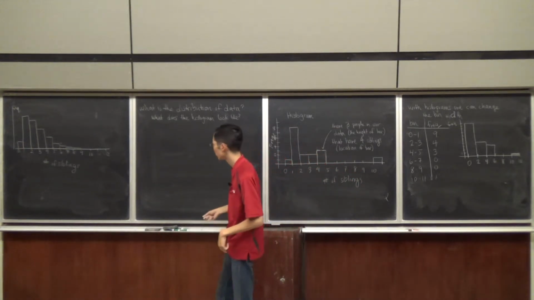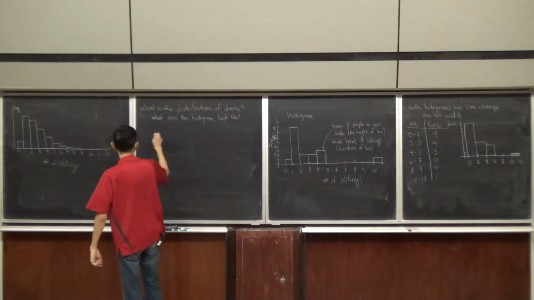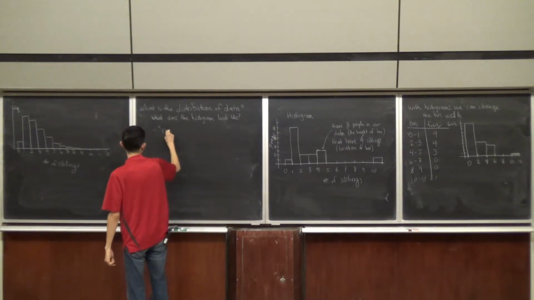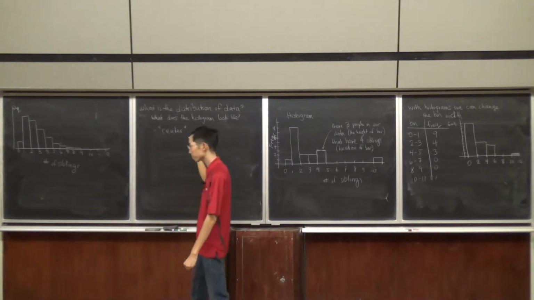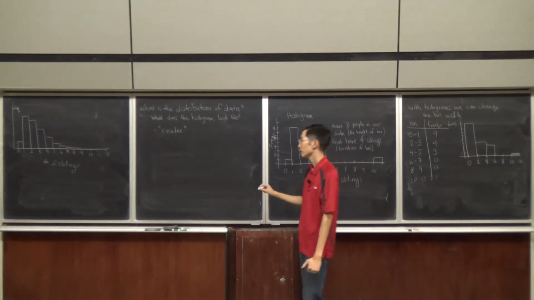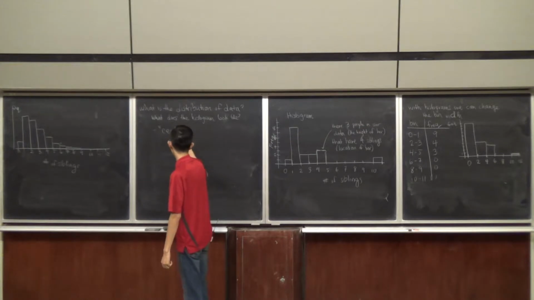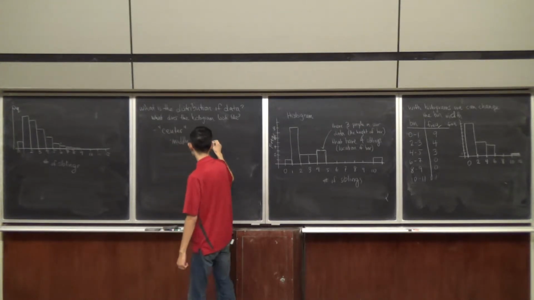There are a few things we want to talk about. Okay? One is what we would call the center. All right. And so the center, we have the idea of the middle point or the halfway point.